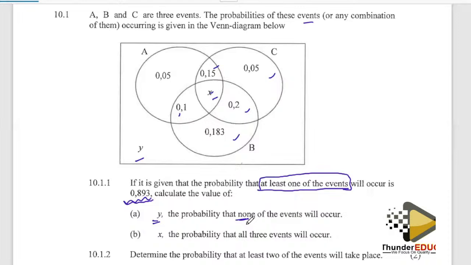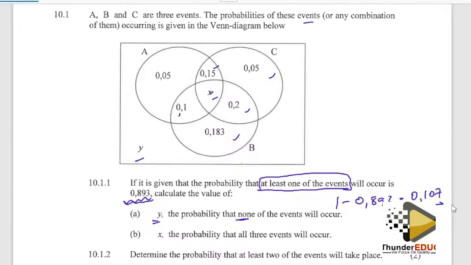So if the probability that events will happen is 0.893, then for events not to occur, it will be 1 minus 0.893. Why am I saying that? Because the maximum probability under decimals of fractions must be a 1. So 1 minus 0.893, I'm getting 0.107. That is what I'm getting.